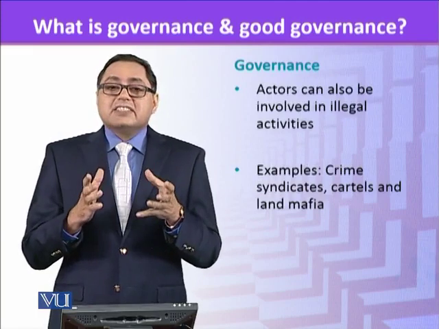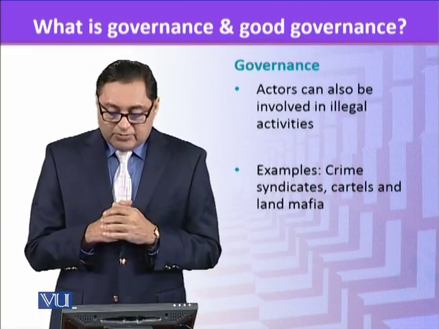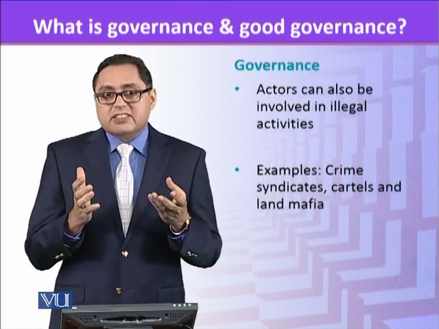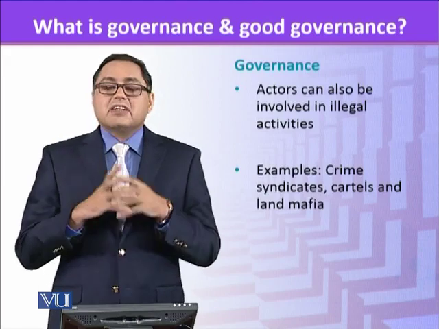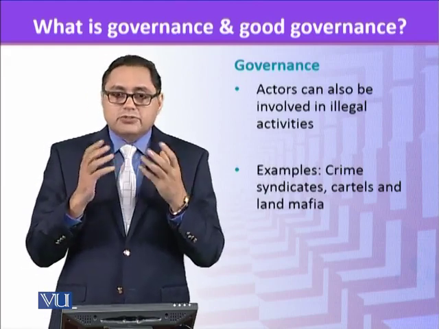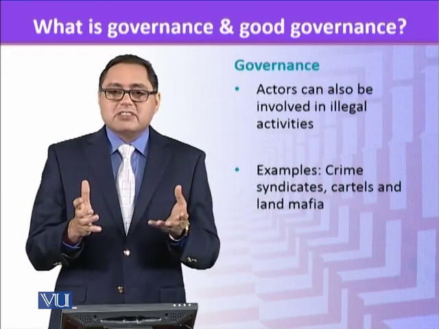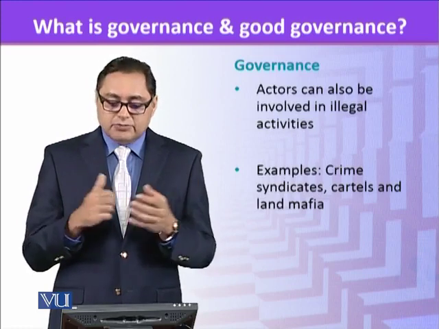And actors can also be people who are involved in illegal activities. For example, the crime syndicates may impact the policy making process. There are cartels, for example, the oil companies cartel or the sugar companies cartel or the cement mills factories cartel.